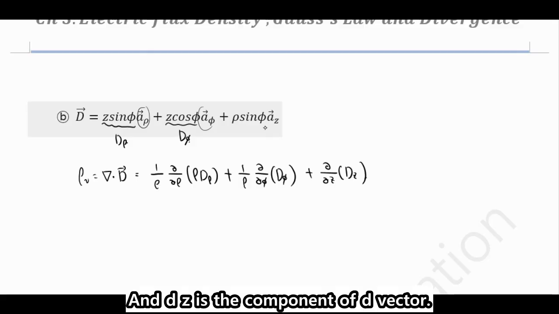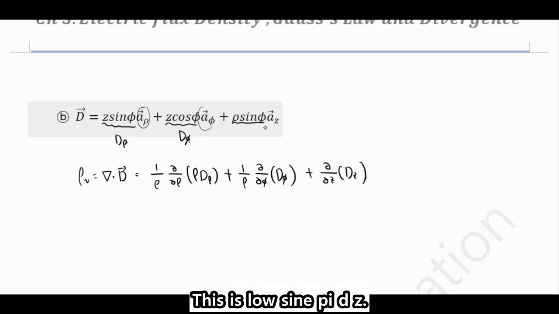And Dz is the z component of the D vector, which is rho sine phi.